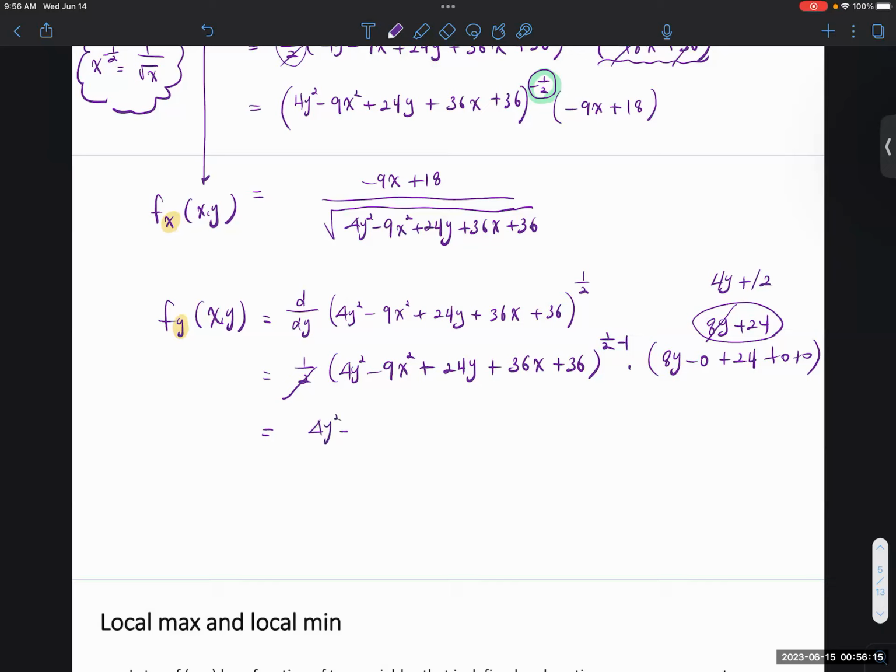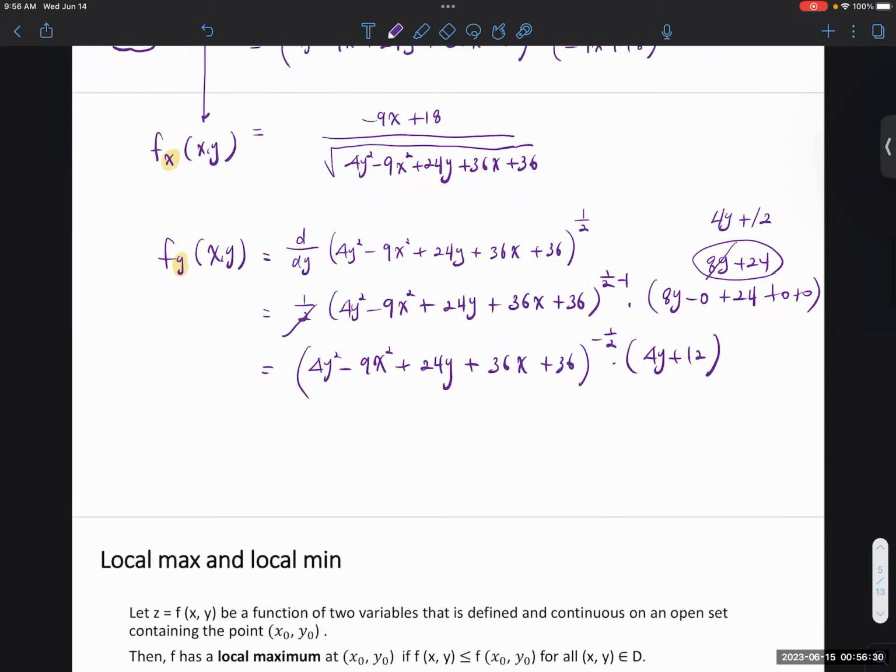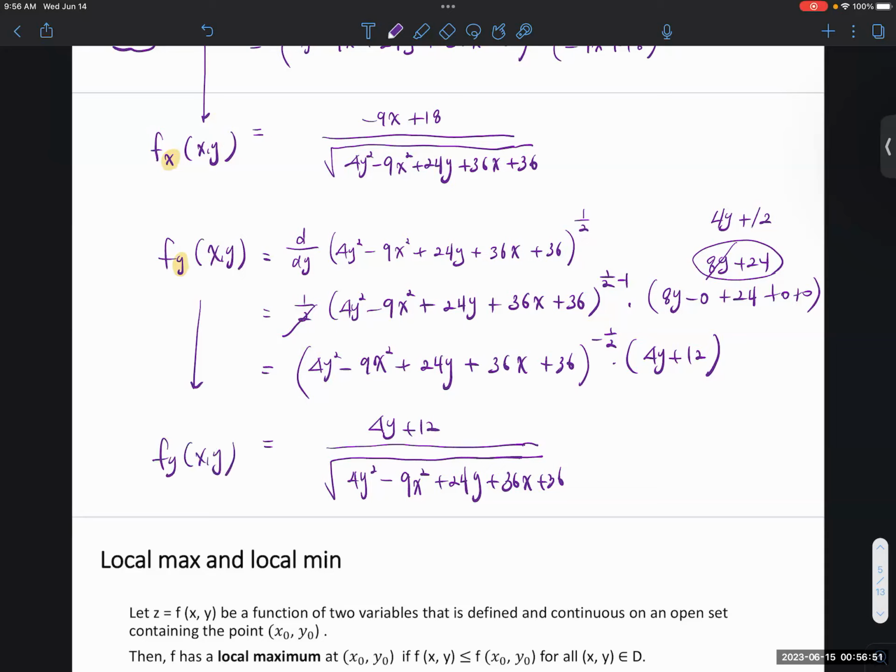So (4y² + 9x² + 24y − 36x + 36) to the negative 1/2, and we simplify dividing by 2, 4y plus 12. That means we have the numerator 4y plus 12 with the radical of 4y² + 9x² + 24y − 36x + 36. So that's your partial derivative with respect to y.